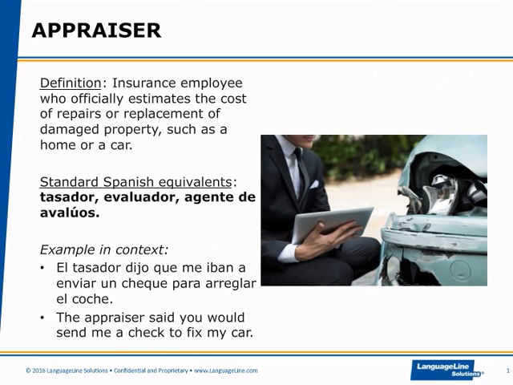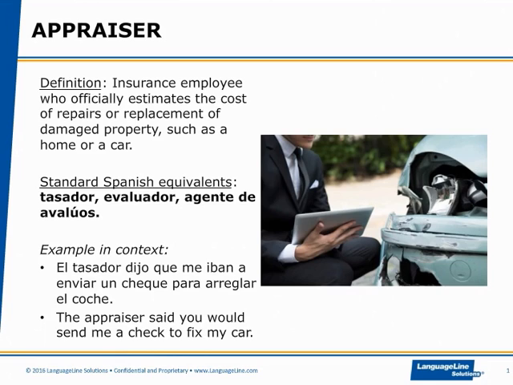Now let's have you practice this term in both languages. First, repeat the term in English 3 times. Appraiser, appraiser, appraiser. Let's have you do the same thing for the standard options in Spanish. Repeat this term in Spanish 3 times.